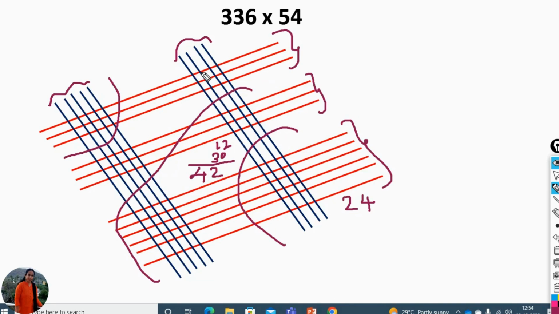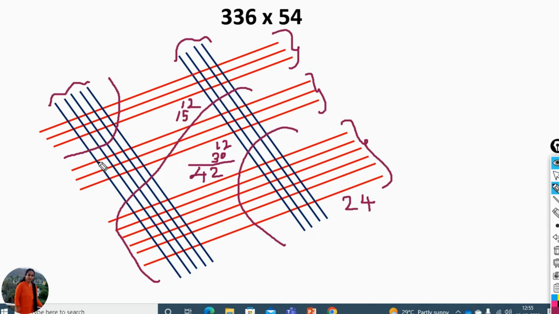Here 1, 2, 3, 4, 4 blue lines and 3 red lines. So the intersecting points are 4 into 3, 12. Plus, how many intersecting points here? 1, 2, 3, 4, 5, 6, 7, 8, 9, 10, 11, 12, 13, 14, 15. There are 15 intersecting points.